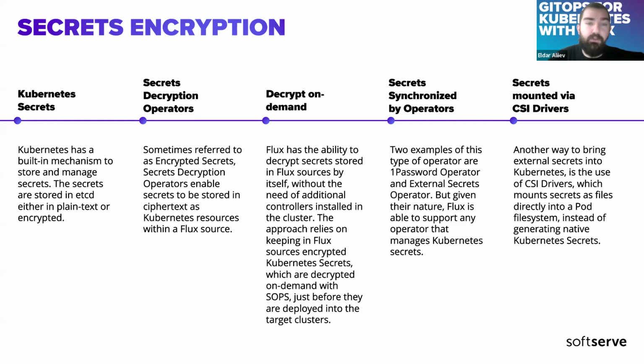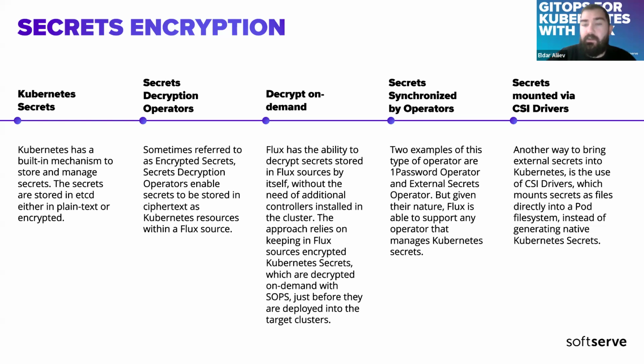So once it needs to install the encrypted resources from the Git, it will use that key and just decrypt that. And again, it will store it in the Kubernetes secrets in the unencrypted way. So need to think about this. Then, secrets synchronized by operators. So it depends on the tool that you will use and where you will actually store your secrets. So I like the solution with the External Secrets Operator.